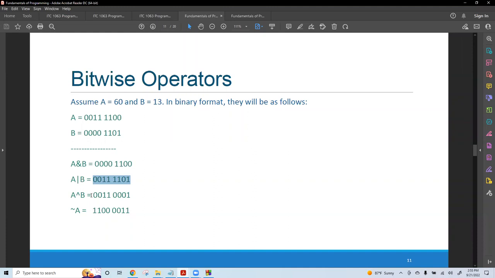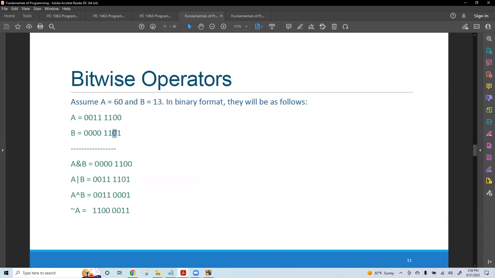And then XOR can be applied. If only one operand is 1, then only the result will be 1.